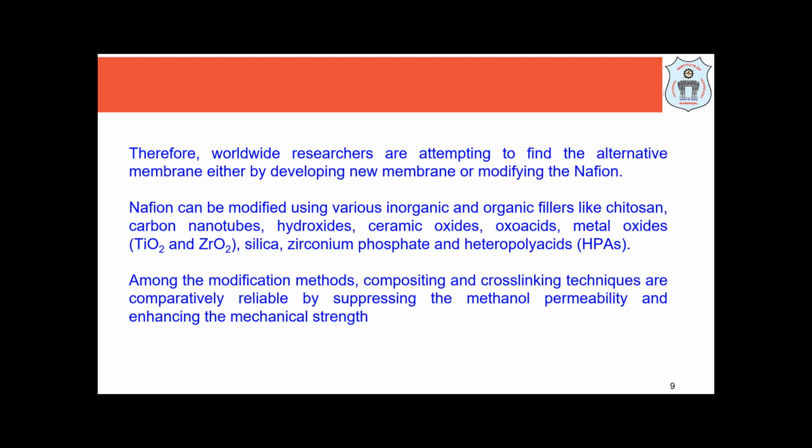You can use hydroxides, ceramic oxides, oxoacids, or incorporate some metal oxides like titanium oxide, zirconium oxide, or include some silica, zirconium phosphate, and heteropoly acids. All these can be incorporated into the membrane. That is modification of the Nafion membrane, which can be done using filler materials that will enhance it.